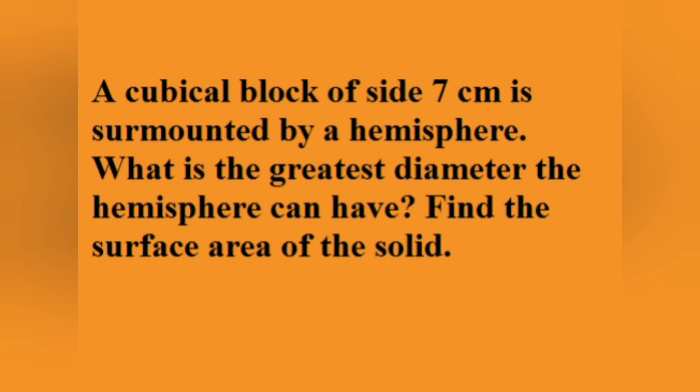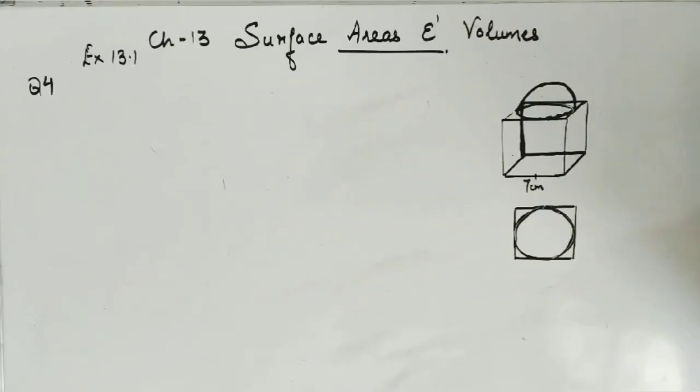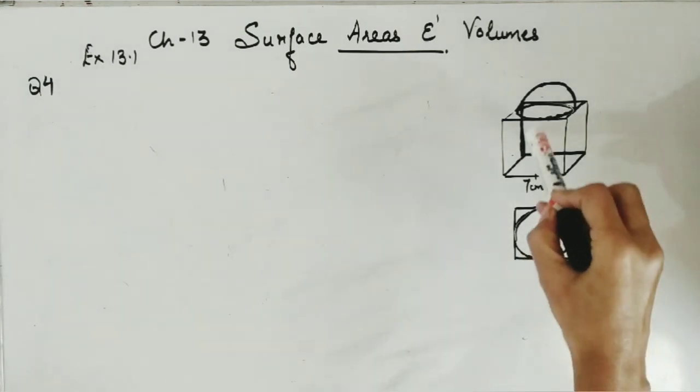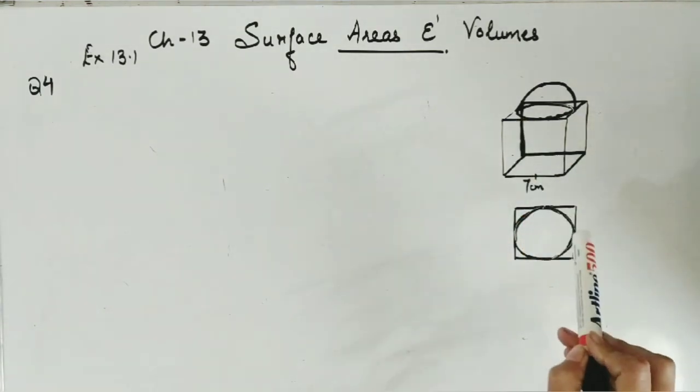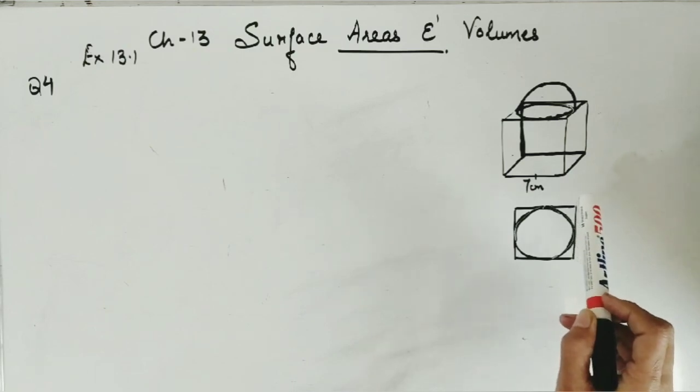The question is: a cubical block of side 7 cm is surmounted by a hemisphere. What is the greatest diameter the hemisphere can have? Find the surface area of the solid. Question 4 from exercise 13.1 says there is a cubical block, as you can see. It is surmounted by a hemisphere.